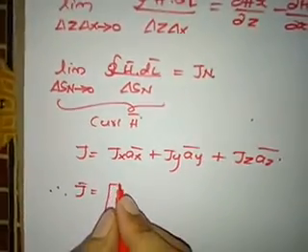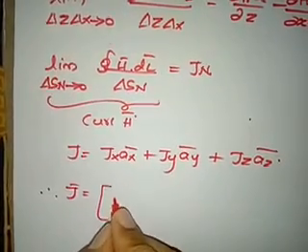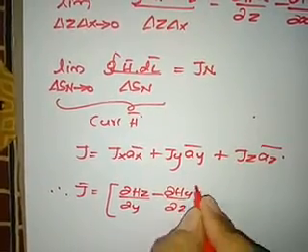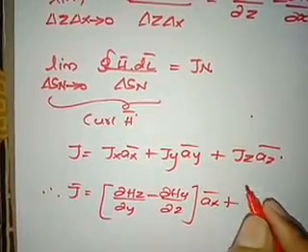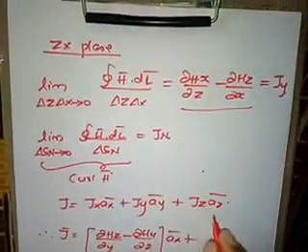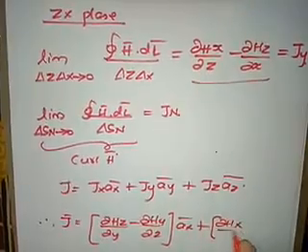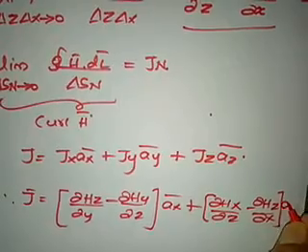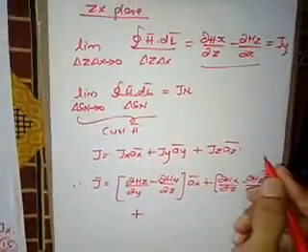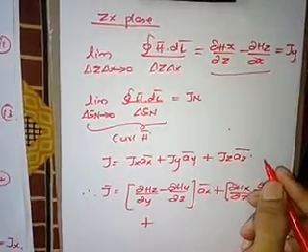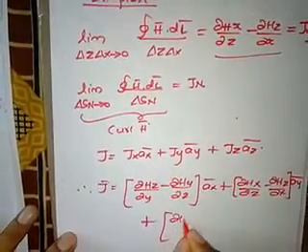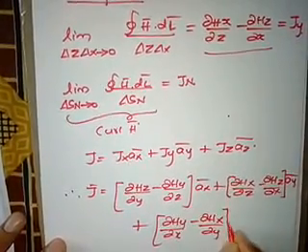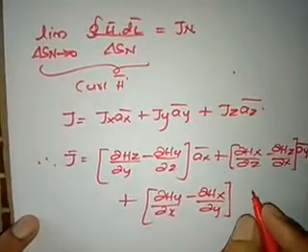Jx we have written previously, so it is ∂Hz/∂y minus ∂Hy/∂z into āx, plus Jy, which is ∂Hx/∂z minus ∂Hz/∂x into āy, plus Jz. Jz we have written previously, that is equation number 13, ∂Hy/∂x minus ∂Hx/∂y into āz.